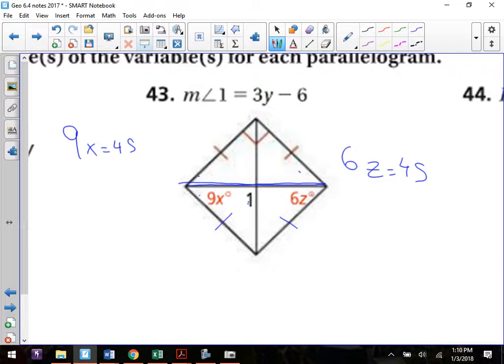Good, but what does 3y minus 6 have to equal? 90. Why? Because the diagonals are perpendicular. So it lines up once you use your properties real fast.